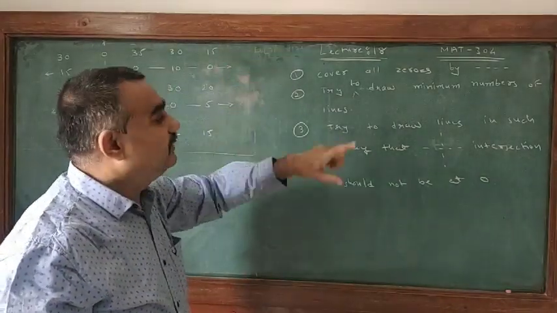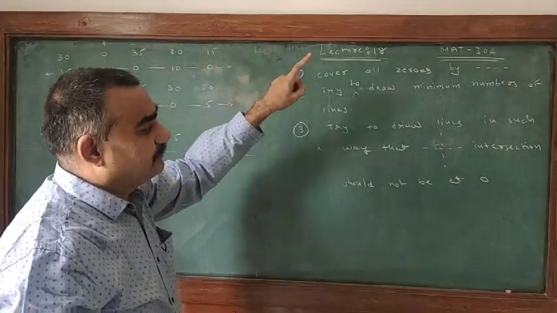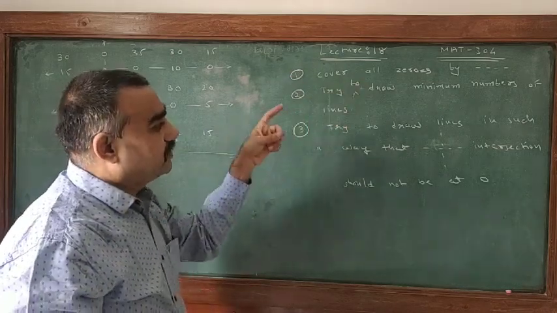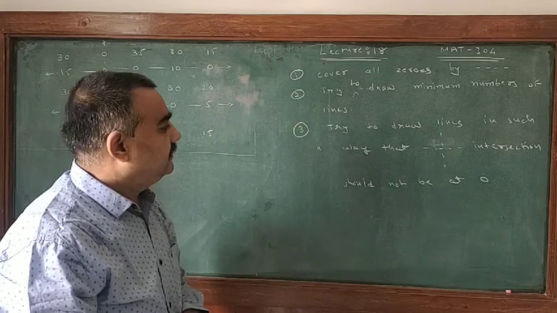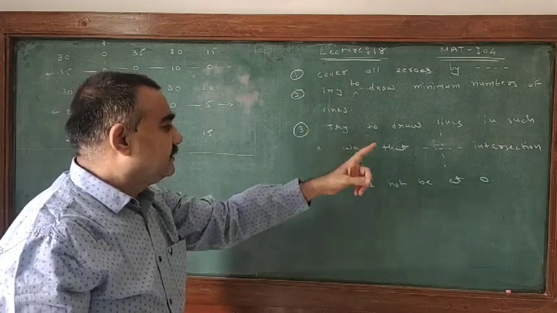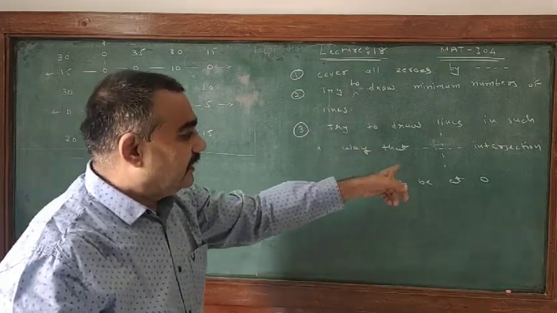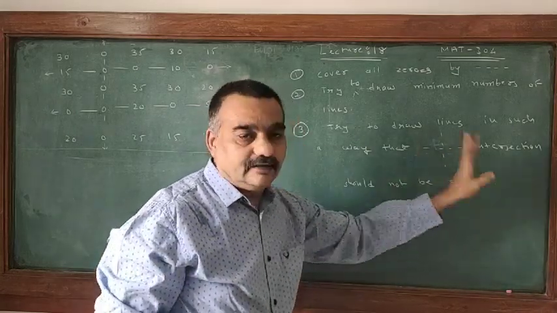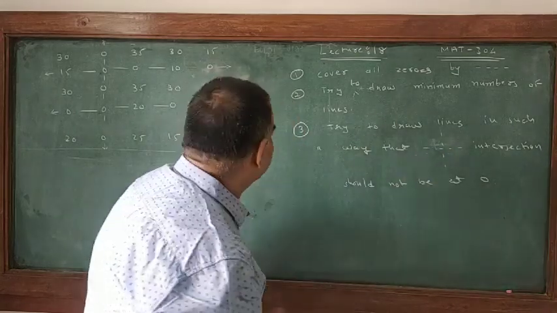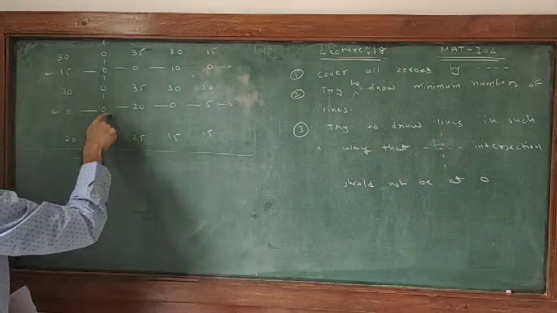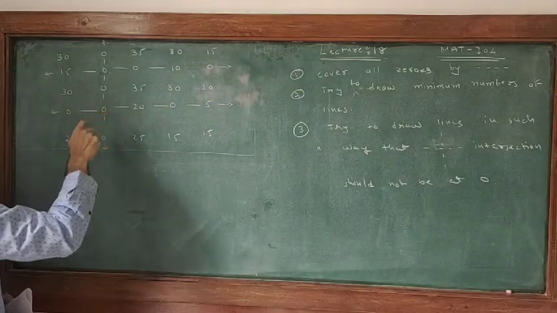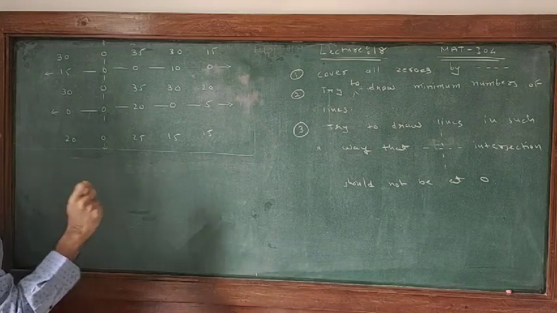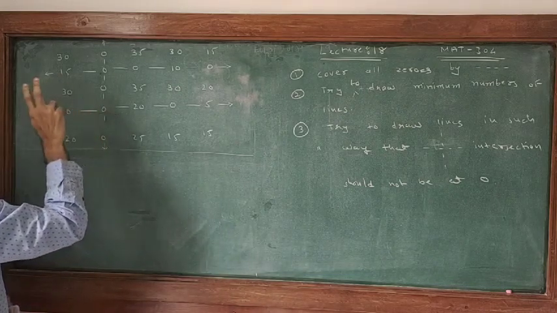What I said: cover all zeros by dotted lines. Try to draw the minimum number of lines, and try to draw lines in such a way that the intersection should not be at 0.